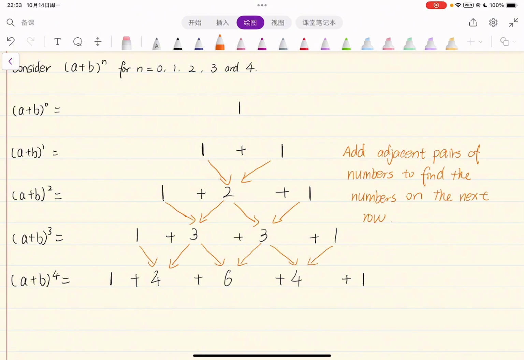This is what we call Pascal's triangle. So it is a pattern for the coefficients in the expression.